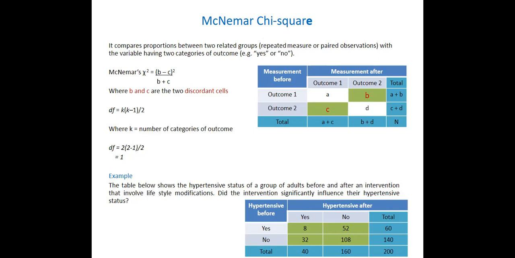So with 32 and 52 being discordant and changed, if the null hypothesis were true, if that intervention did not do anything, and the change is not significant, what do you expect to be in the cell where 32 is? What do you expect to be in the cell where 52 is?